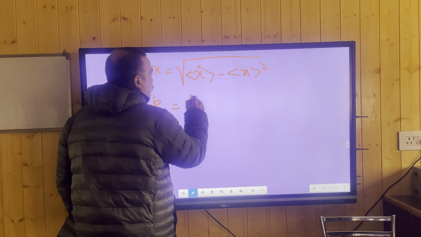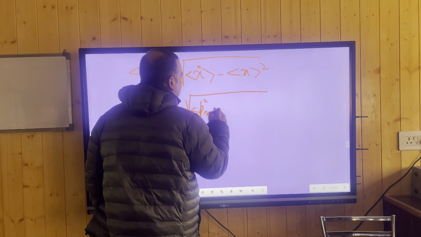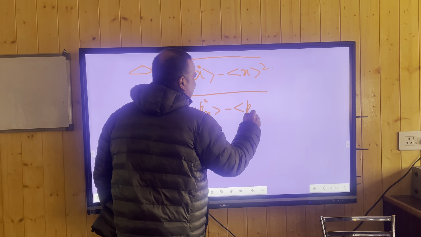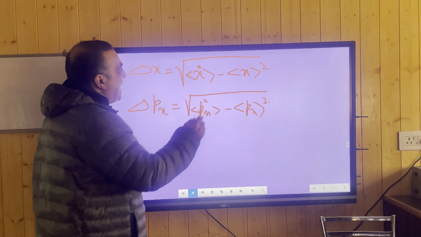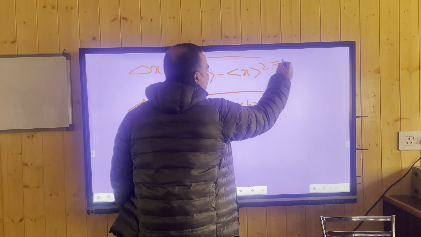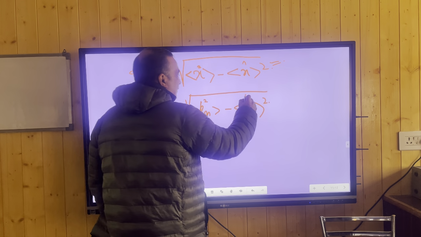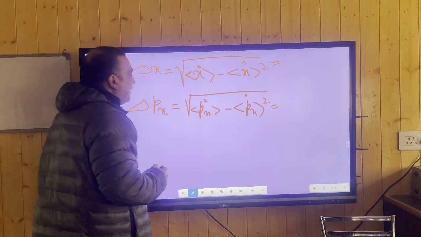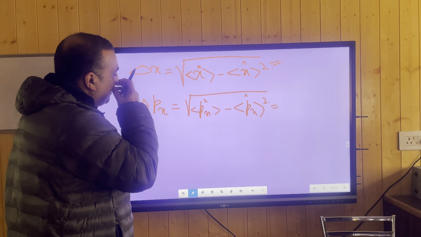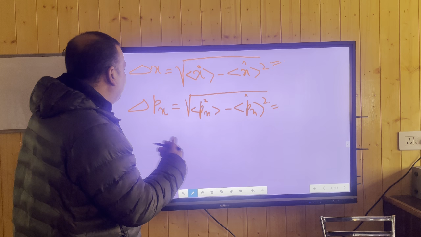And delta px will be under root of px squared minus px whole square. And immediately you can see that this term is 0 because we have calculated the expectation value of the position operator, and this term will also be equal to 0 because we have already calculated the expectation value of the momentum.